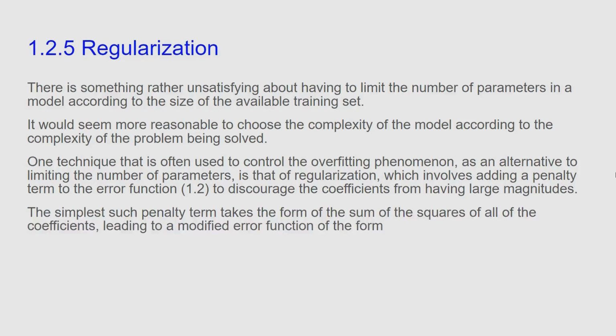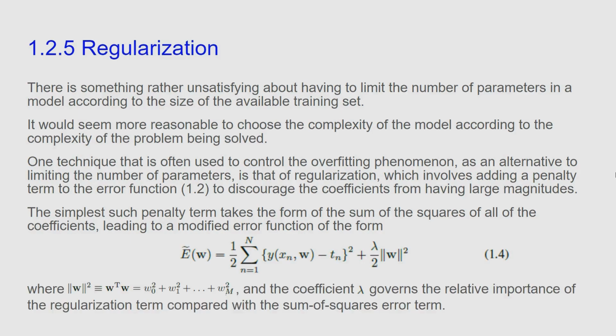The simplest such penalty term takes the form of the sum of the squares of all of the coefficients, leading to a modified error function of the form, where the squared norm of w is w transpose w, and the coefficient lambda governs the relative importance of the regularization term compared with the sum-of-squares error term.